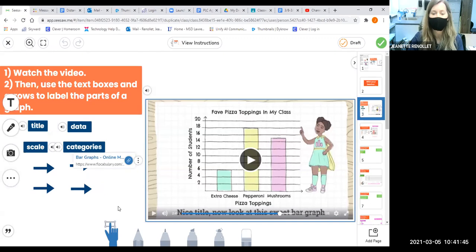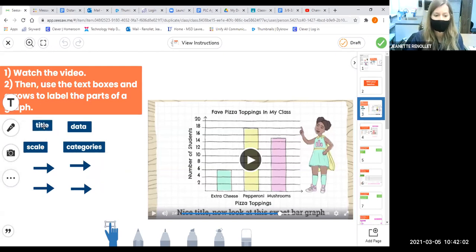All right, we have just heard an example, and this video did a great job highlighting where the title is, where the data is, where the categories are, and where the scale are. So let's start with title. Notice on Seesaw, you can drag the word title, and we're going to move it over to the example.